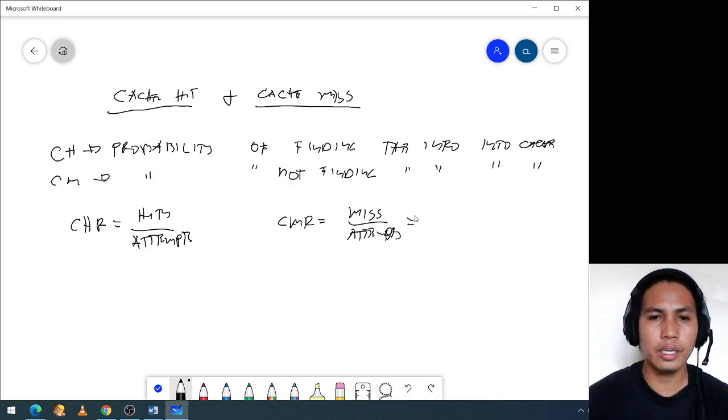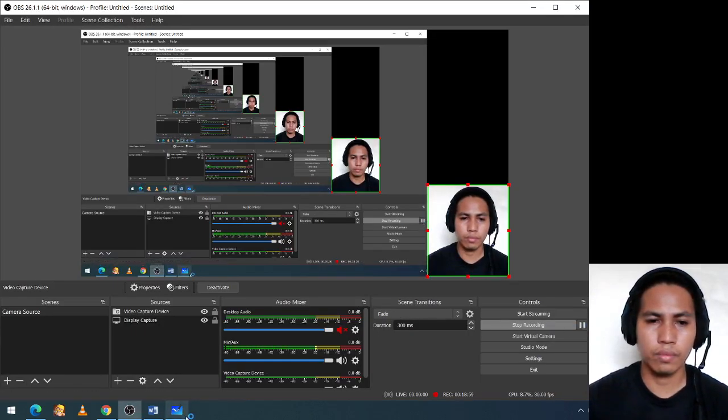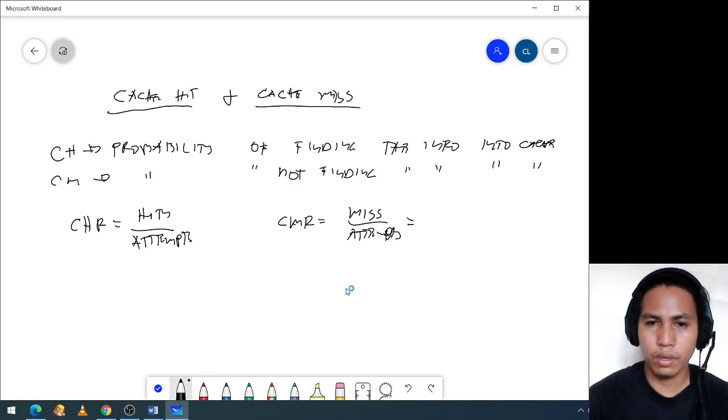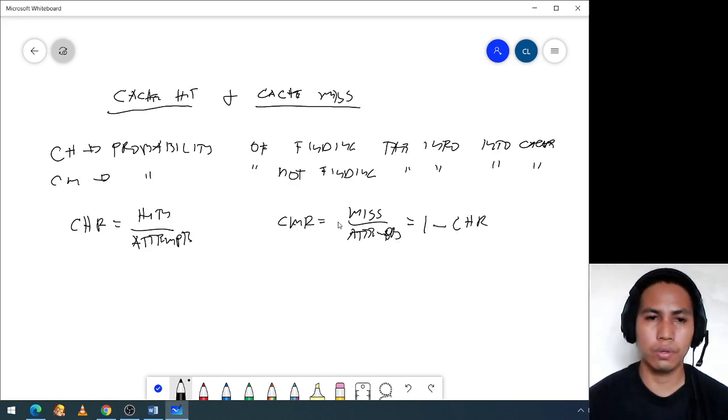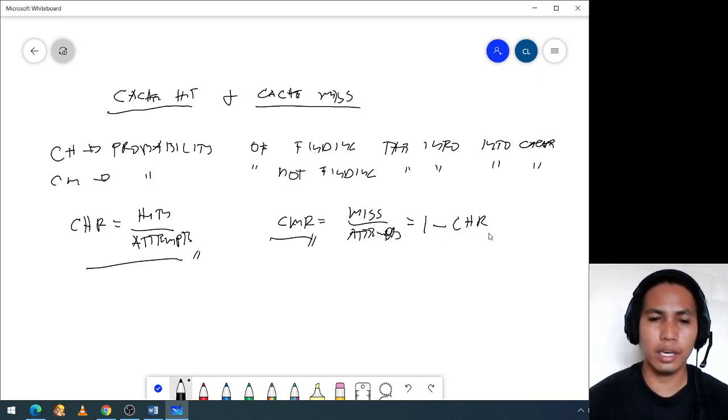Or basically, this is one minus cache hit ratio. So, cache hit ratio, I repeat, is hits over attempts, while cache miss ratio is misses over attempts, or basically, 1 minus cache hit ratio. Okay?